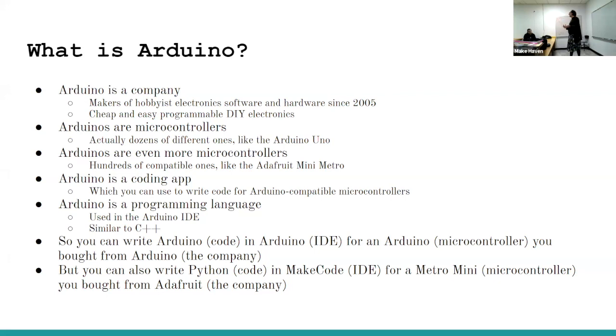So it was an easy way to get into making hobby electronics. Then they also made some microcontrollers that you could buy from them, which they also called Arduinos, and at this point there are dozens of these different ones. So you can go to a company called Arduino, and you can buy items from them that are called Arduinos.